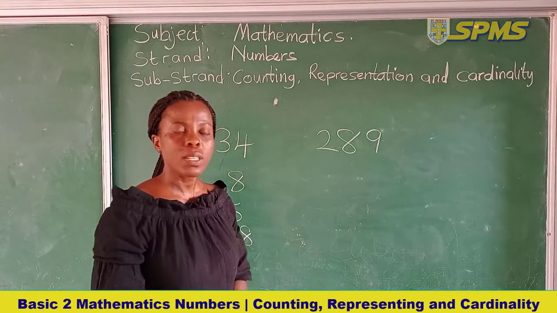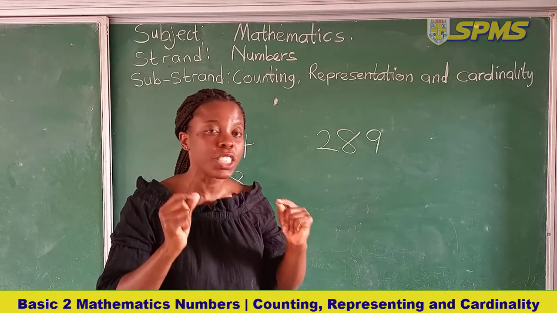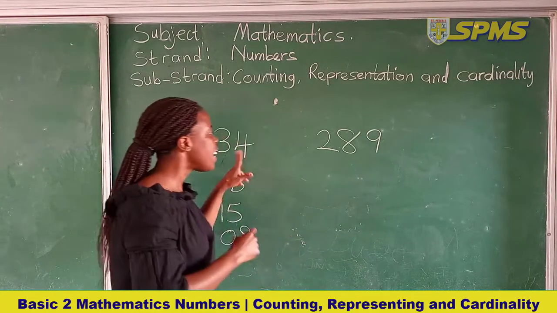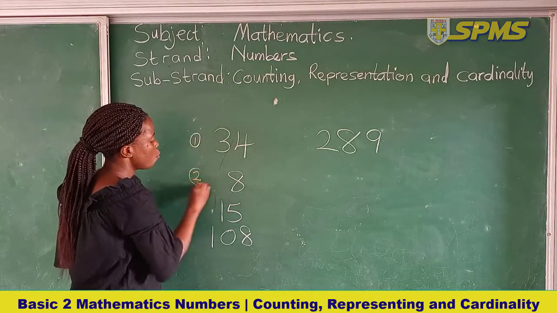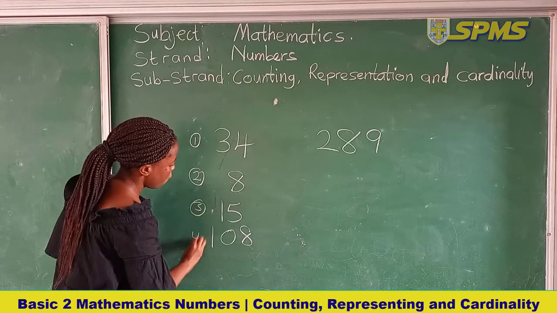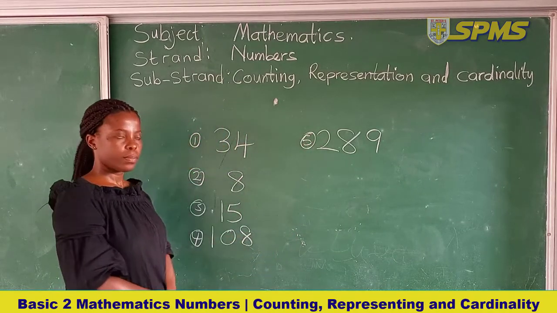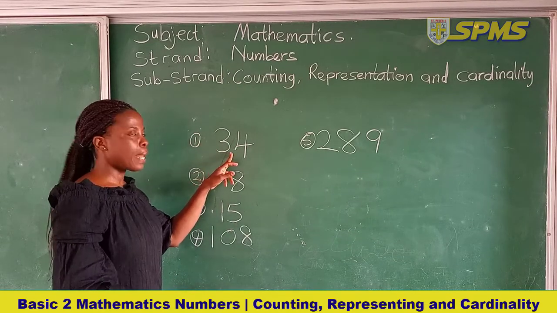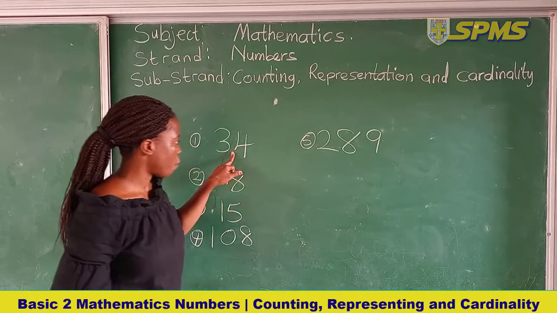Okay, now let's look at the place value of each digit in the numbers. So this is number 1, 2, 3, 4, and 5. The number 1 is 34.